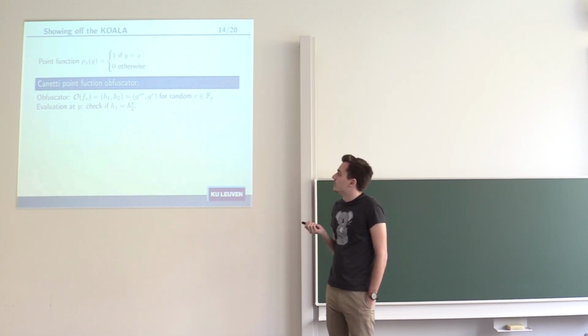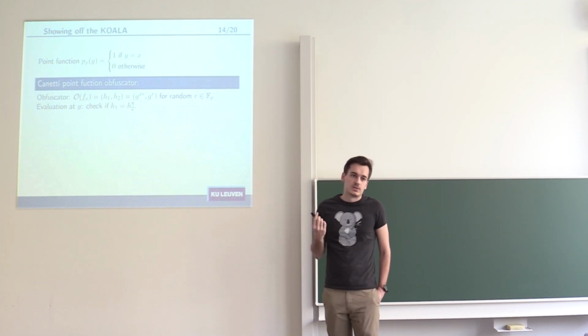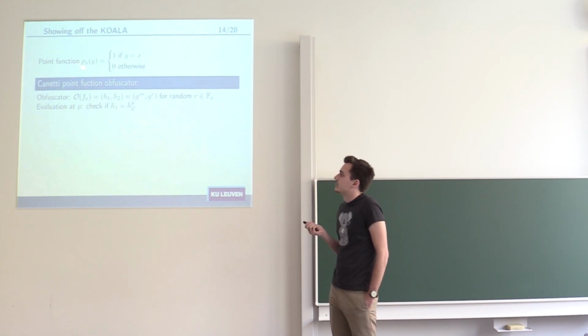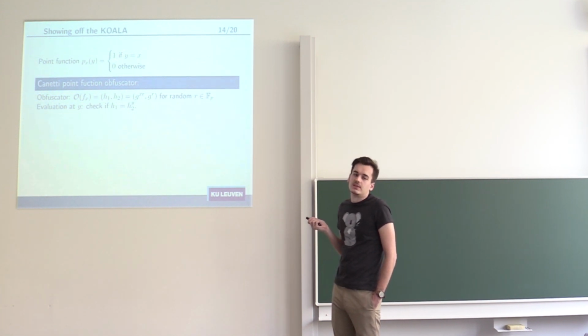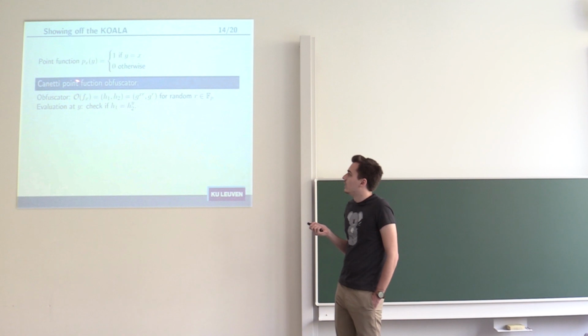So this is an obfuscator due to Canetti, and it obfuscates point functions. A point function is a function, for every x there's a point function d_x that is equal to 1 if the input is equal to x and outputs 0 otherwise. And this obfuscator from Canetti is really simple.